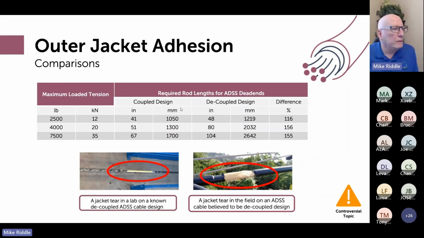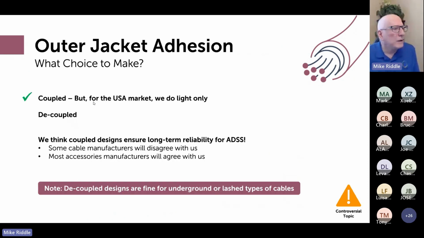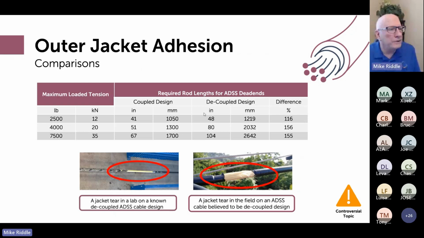So here are some actual comparisons of what you could get away with in a coupled design for a certain maximum loaded tension versus a decoupled design. In a coupled design, when the tension is not very high, you don't see a big difference here, but look at this one.